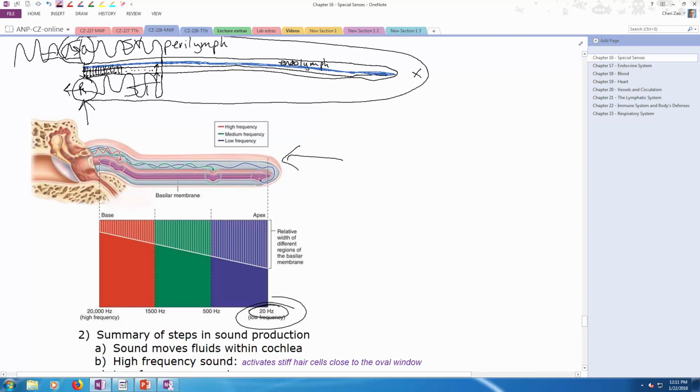The higher the pitch, because we can hear 20,000 hertz for our high pitch sound range, the closer it is to our stapes, our oval and round window. So it's showing you that high pitch stuff passes through here, low pitch stuff passes through here, and then stuff in between. We have this range in between.